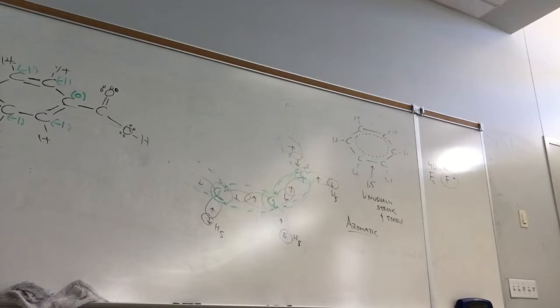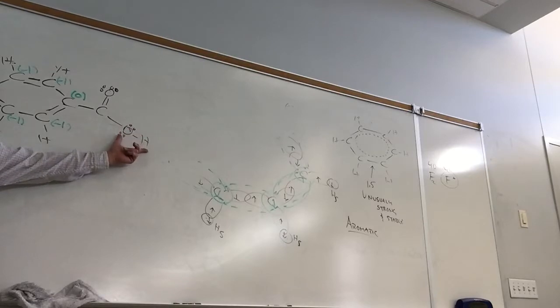And so what's happening here? Well, it's not due to bond strength and doesn't appear to be due to polarity, right? It's got to be due to something else. What's it due to?